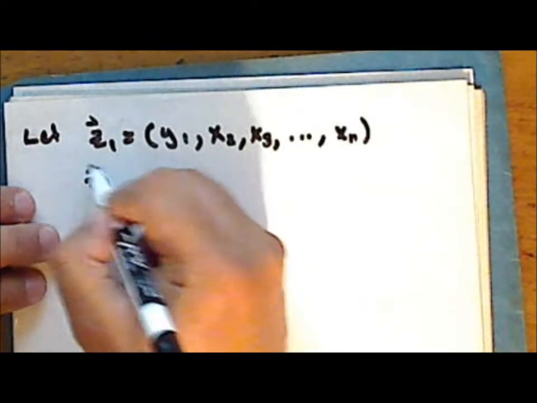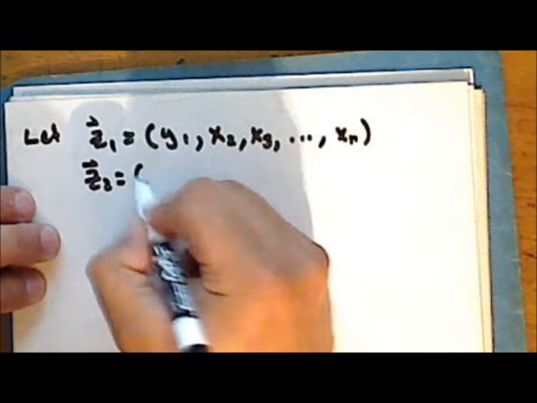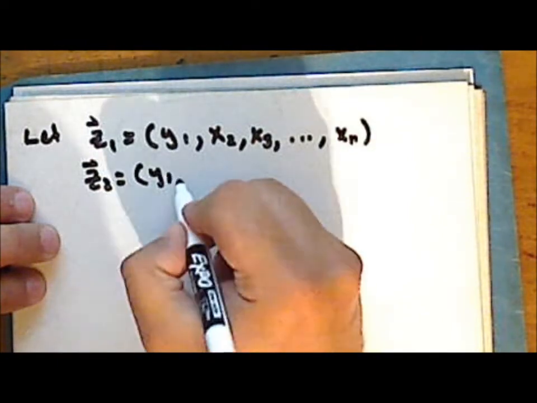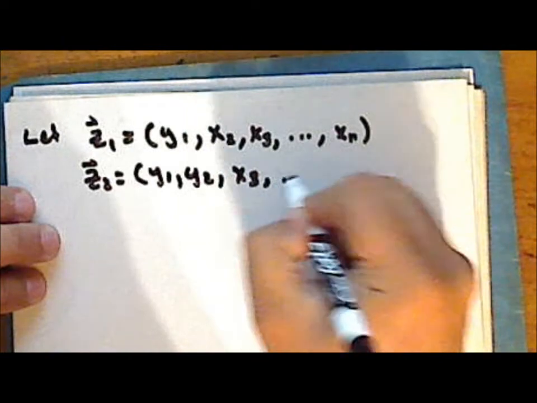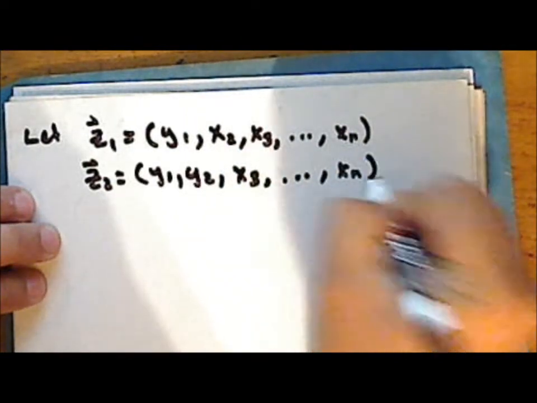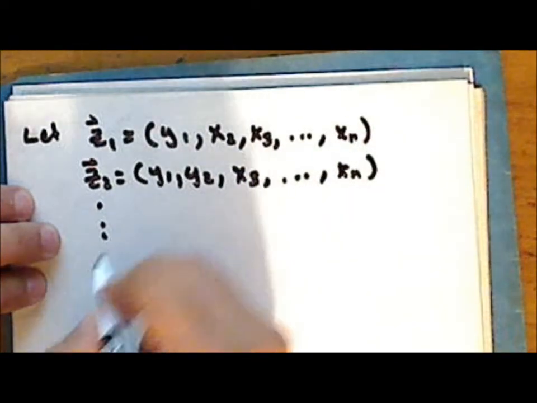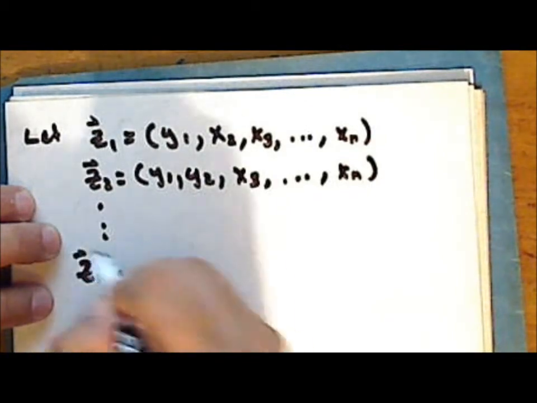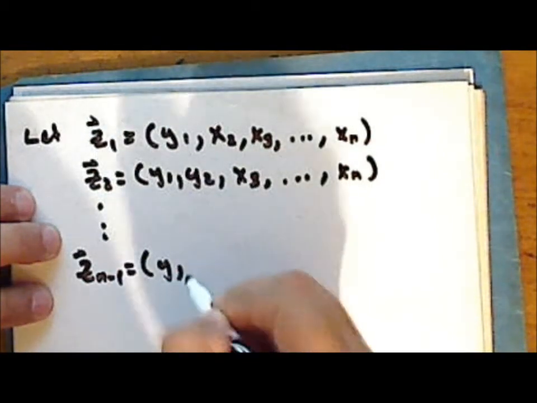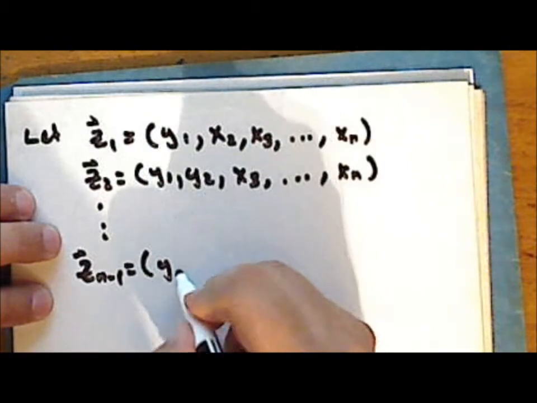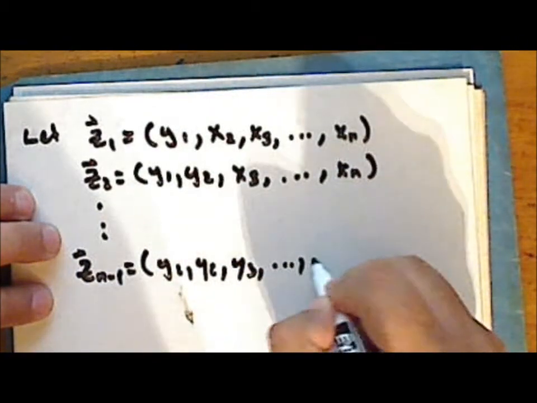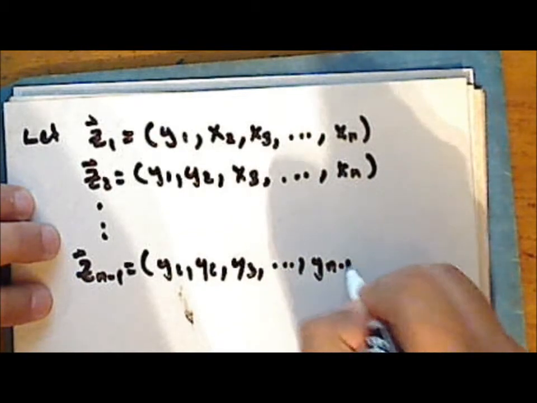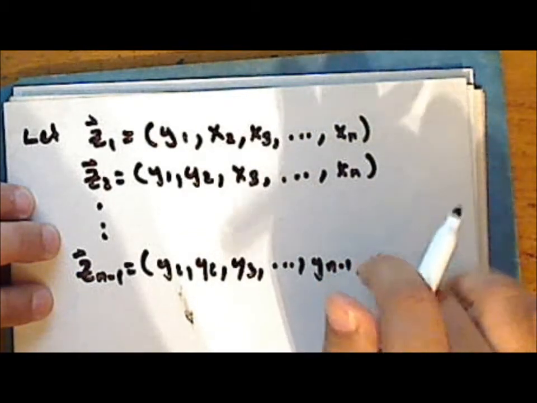Z sub 2 has as its first two components those from y, and then the rest of the components are from x, and so on, so that z sub n minus 1 is y sub 1, y sub 2, y sub 3, and so on, to y sub n minus 1, then x sub n.